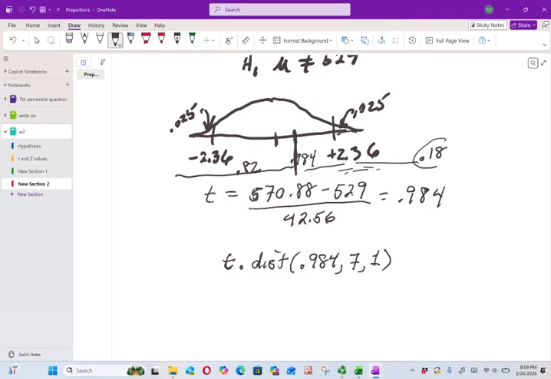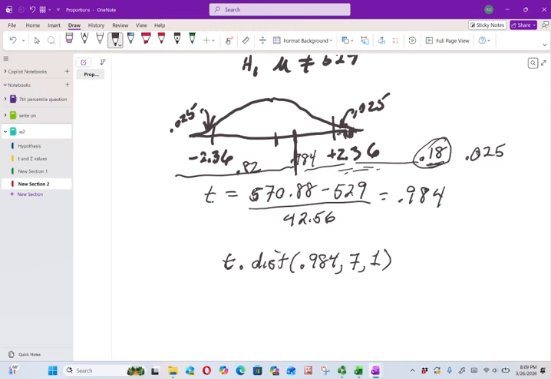The 0.18 is called the p-value. It's where it really is in that tail. And the 0.18 is much greater than 0.025, so we are not in the rejection region. If we were in the rejection region, this p-value would have to be less than 0.025, which would put it somewhere up in there. Because it's a two-tailed test, we have 0.18 on the upper end.